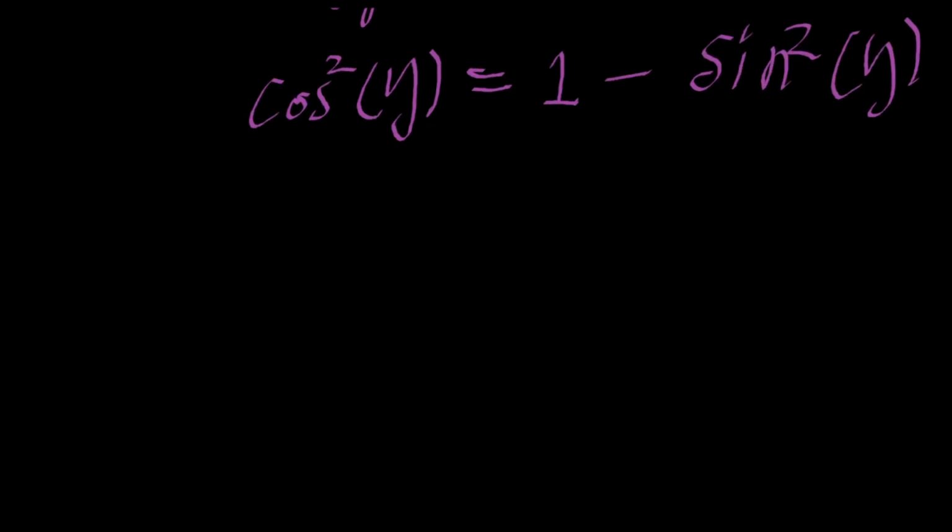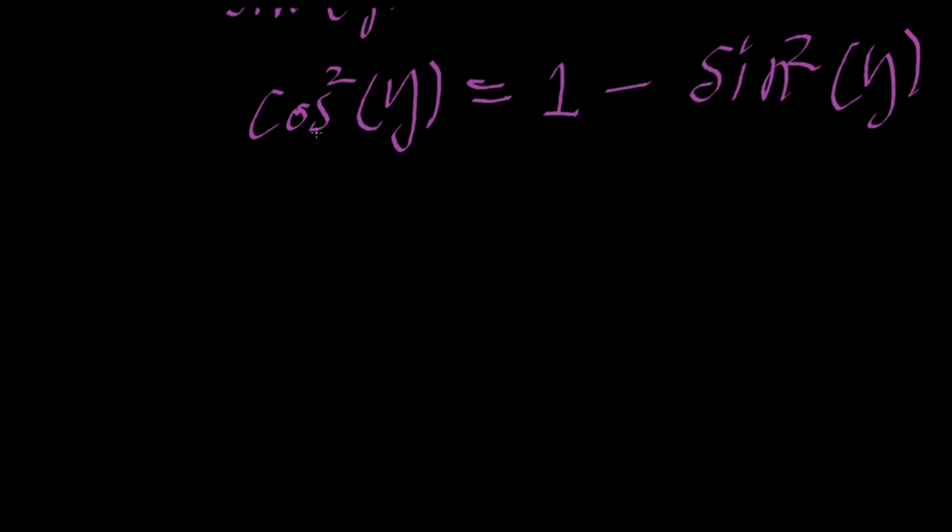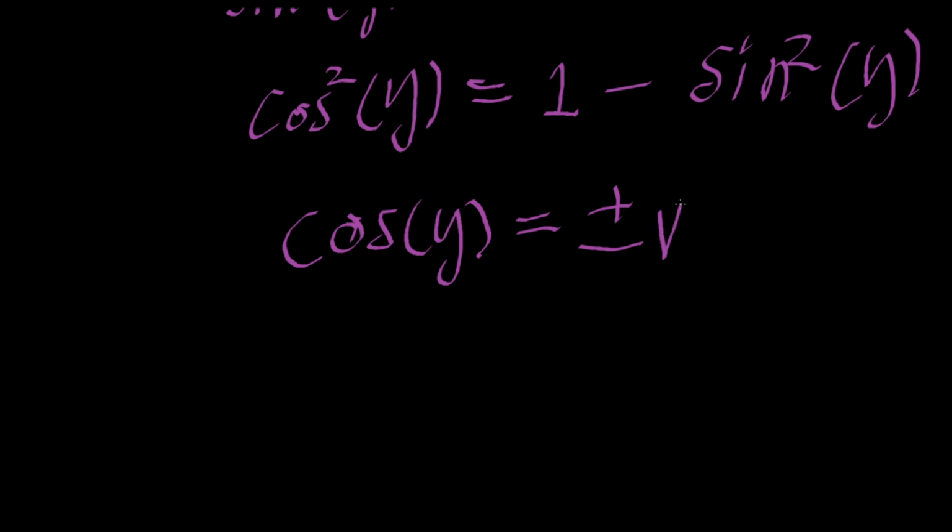And if we just want to break out cosine of y, we can see that cosine of y will be equal to plus or minus the square root of 1 minus sine of y squared.